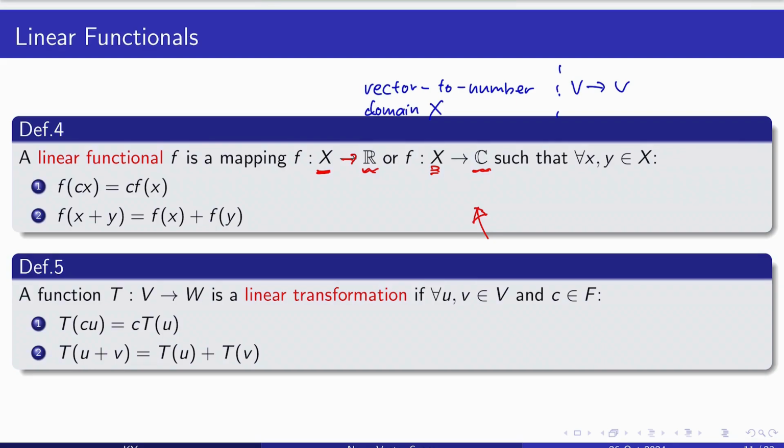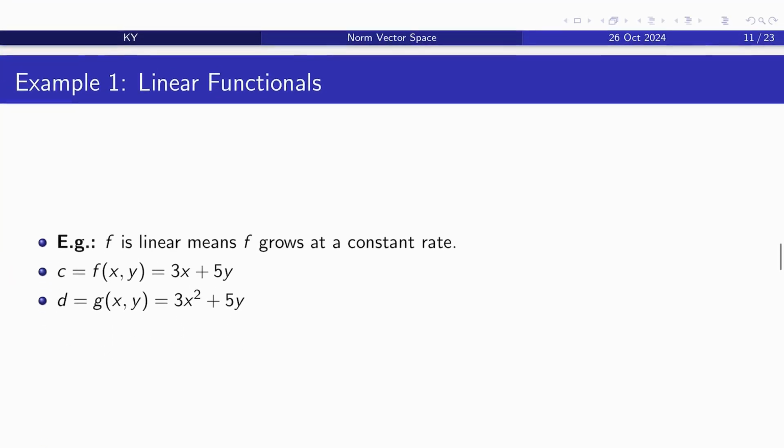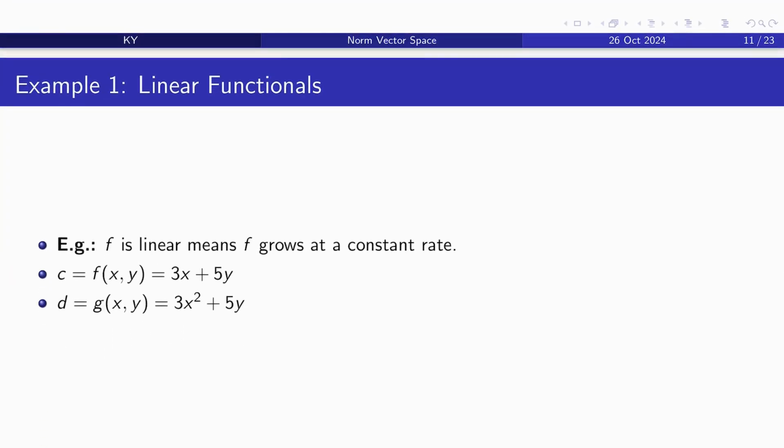And if we talk about the meaning of a linear functional, let's look at this example. What a linear functional is essentially saying is that f is linear, which basically means that the f output itself is growing at a constant rate.